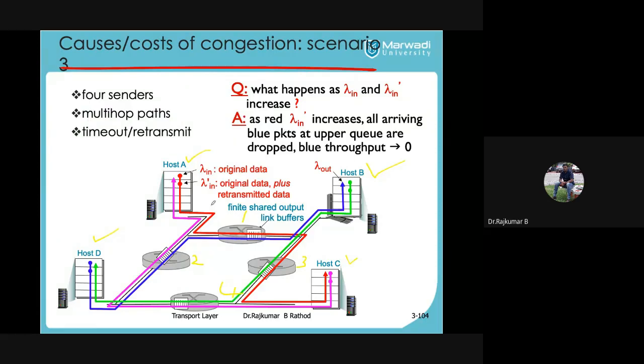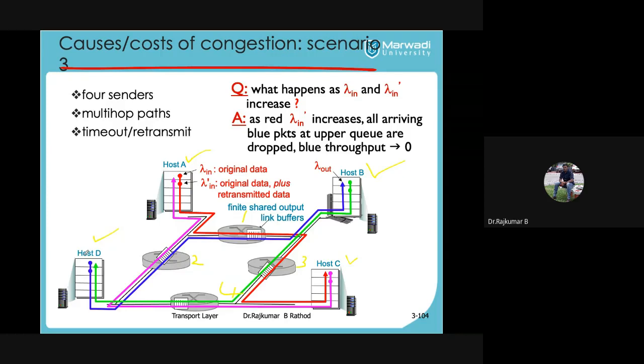Host A is sending the packet via router 1 and router 3, and it will reach host C. Similarly, host B is transferring data, with host B as the source and host D as the destination, where you can find the green line. Host B is transferring the data via router 3 and router 4, and it will reach host D. Correct?